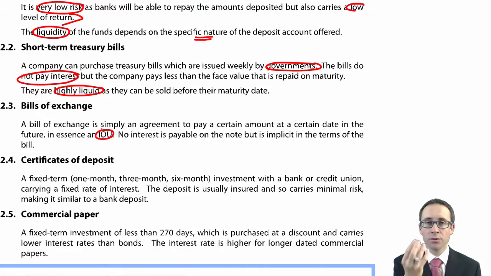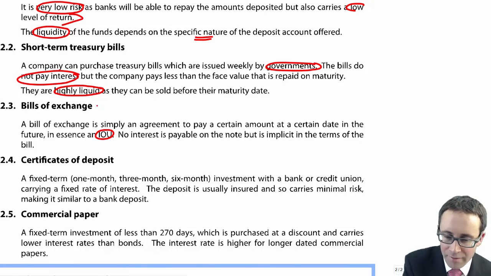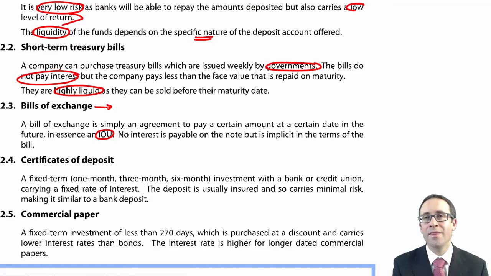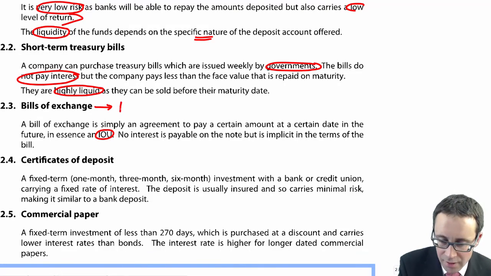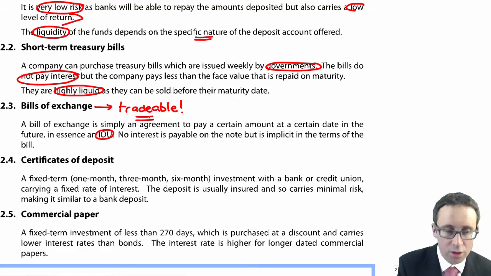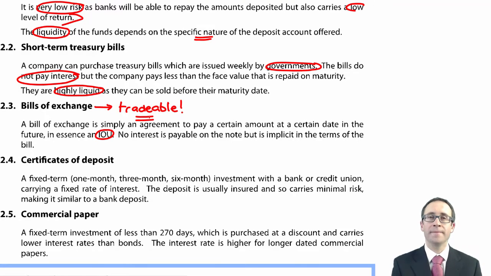It's a legally enforceable document. Okay, the key bit about your bill of exchange, the reason why it then becomes a method of short-term investment, is that your bill of exchange is tradable, okay.